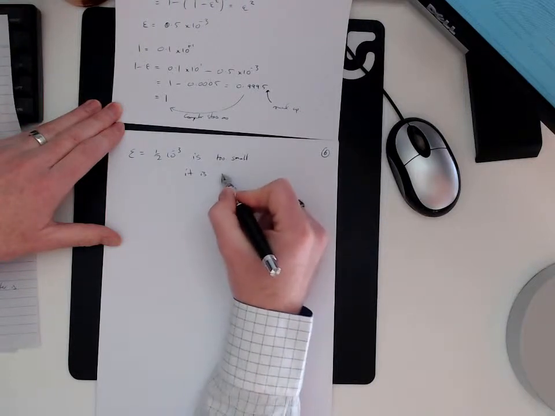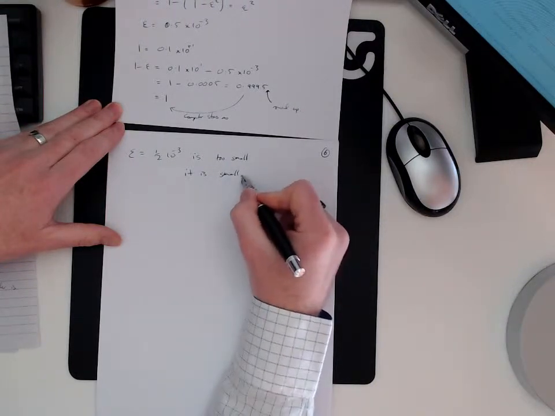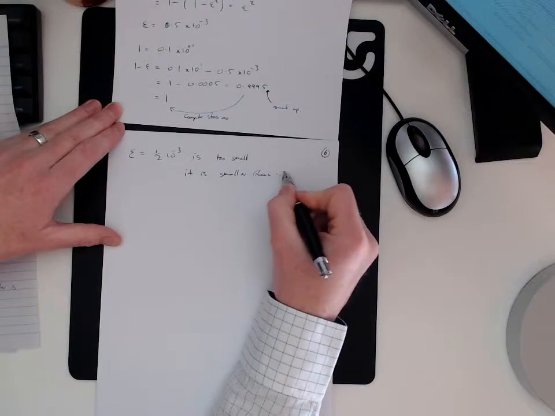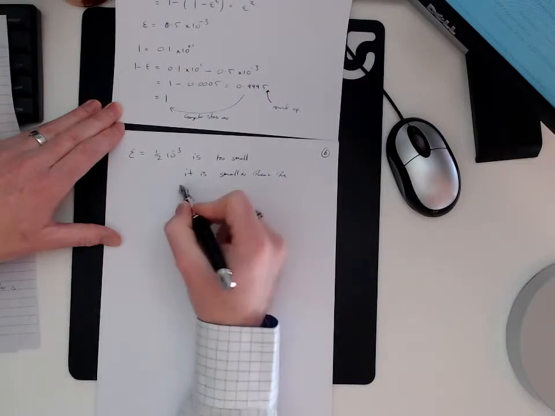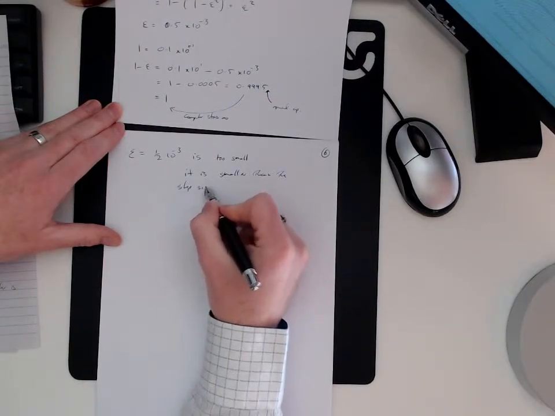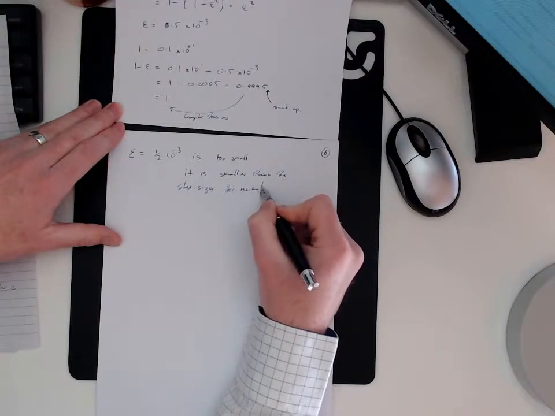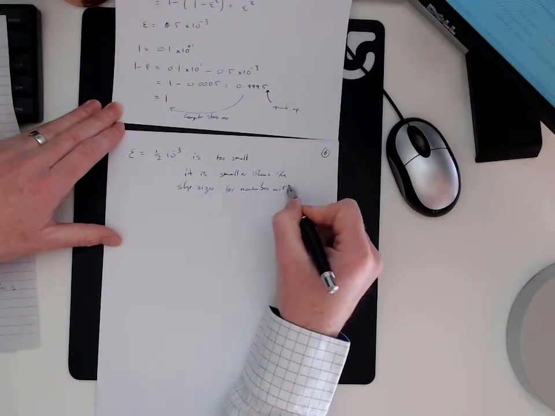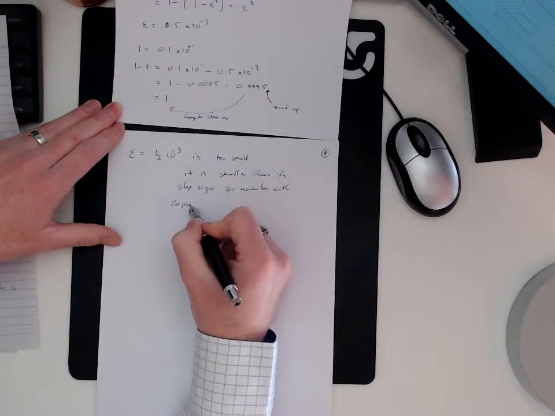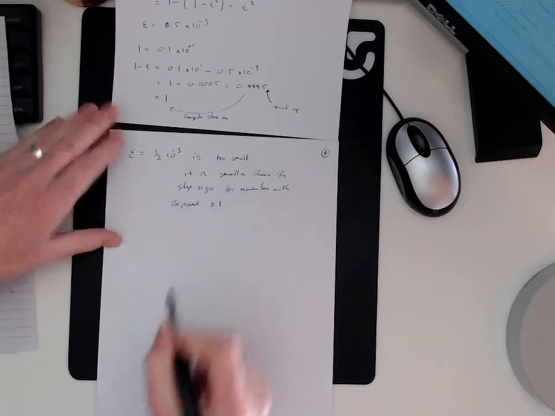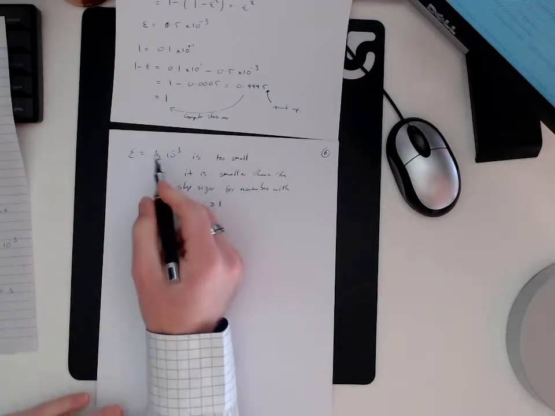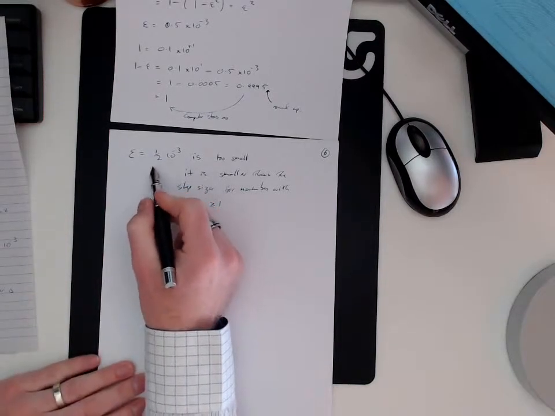It is smaller than the step size for numbers with exponent greater than or equal to 1. So this number can be represented in our computer.